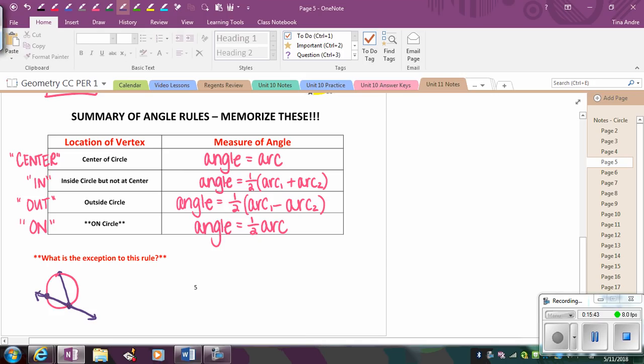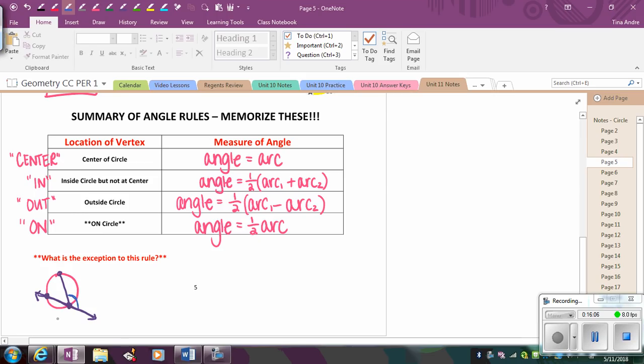This does not follow the on rule because if you look at this angle right here, part of it is outside of the circle. Versus if this was a tangent line, then we can use the on rule because the line is going right up next to the circle, so the angle is contained inside.